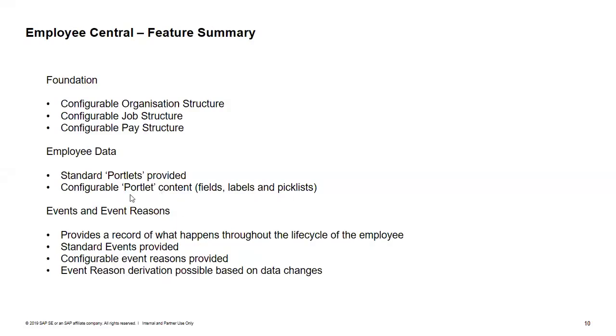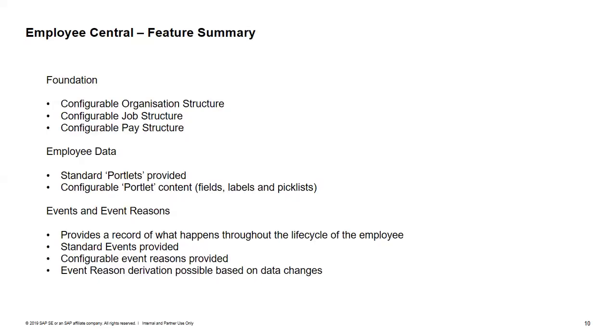Okay. And then event reasons provide a record of what happens throughout the life cycle of an employee. Hired, transferred, promoted, suspended. Employee was on paid leave for 1 month. Employee was on unpaid leave for 6 months. Employee was suspended for a week. Employee is transferred to a different location. Employee is promoted to a different grade. There is some adjustment made to the employee's salary.